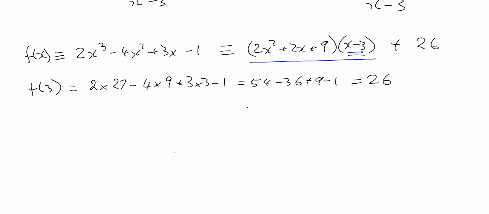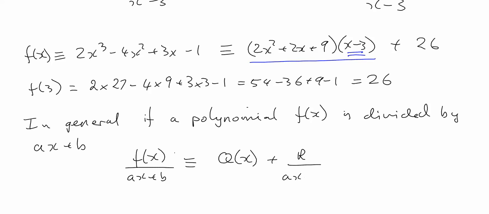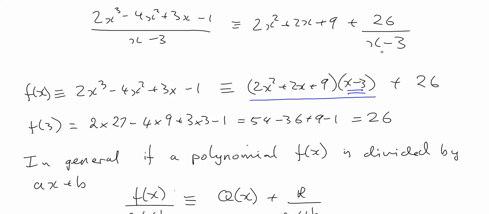Now we can generalize this process. In general, if a polynomial f of x is divided by ax plus b, a general linear function, then f of x divided by ax plus b is the same as some quotient plus the remainder divided by the divisor ax plus b, just as we had in the example here.